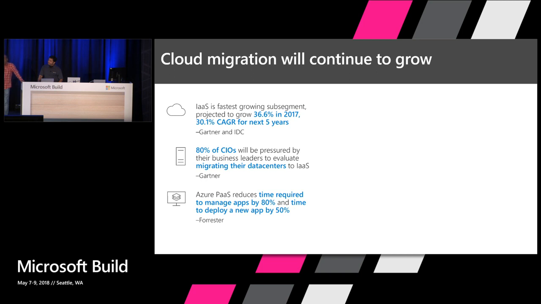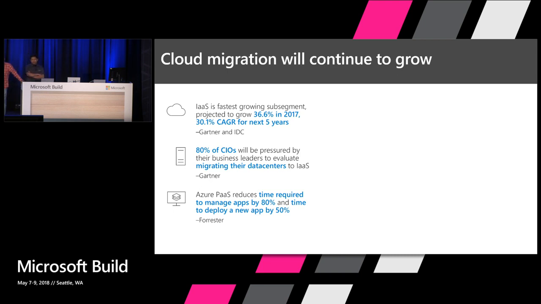They're also predicting around a 30% compound annual growth rate for the next 5 years for customers migrating to IaaS. And there is always going to be a lot of business pressure to adapt to the cloud, to get a competitive advantage and show differentiation from their competitors.